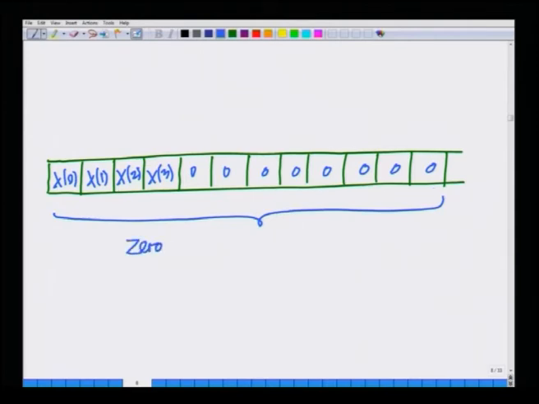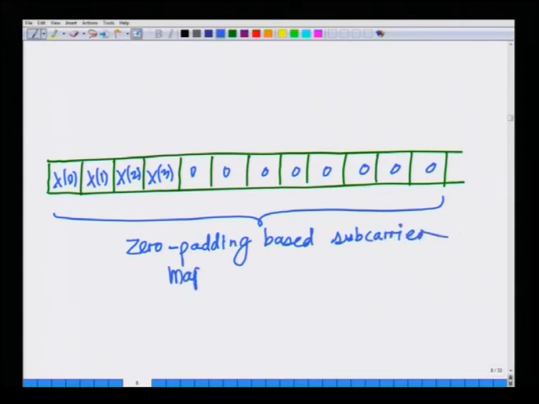This is zero padding based subcarrier mapping in SC-FDMA, and this in fact is known as LFDMA.